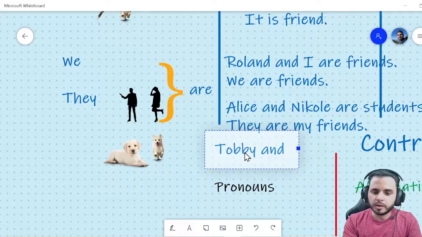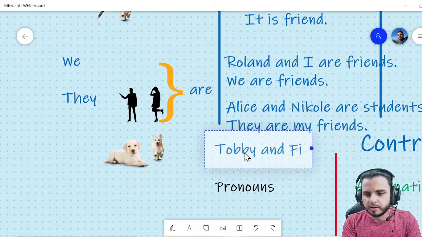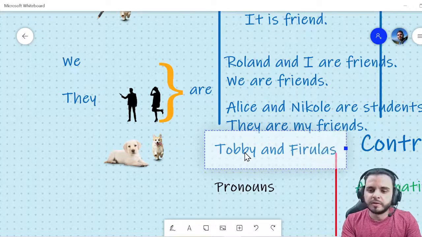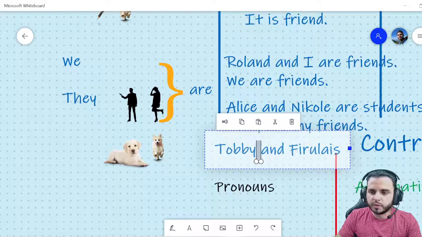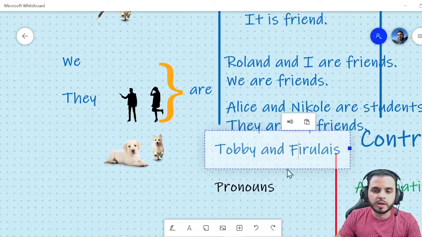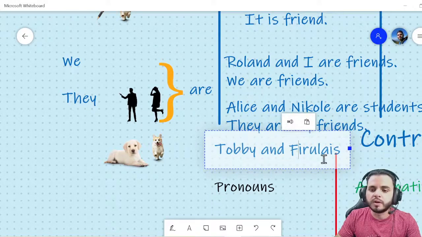I don't know, Firulais, which is very, very common. Okay, so if I have two pets, then I can use their names, Tavi and Firulais.